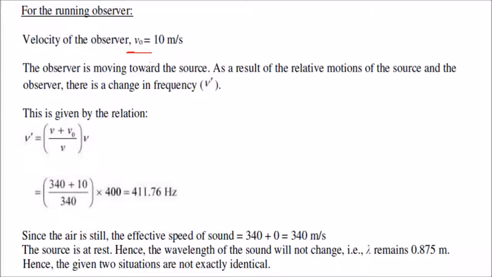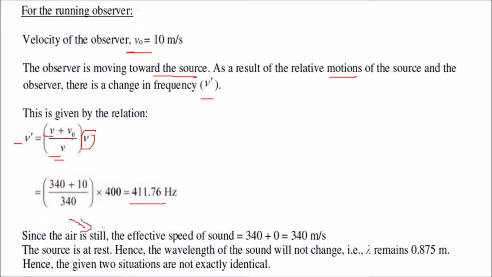Now the observer is moving towards the source. Because of the relative motion of the source and the observer, there is a change in frequency. This v dash is given by v plus v0 by v into frequency. So 340 plus 10 by 340 into 400 gives you 411.76.